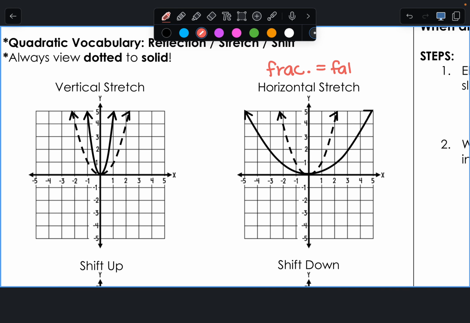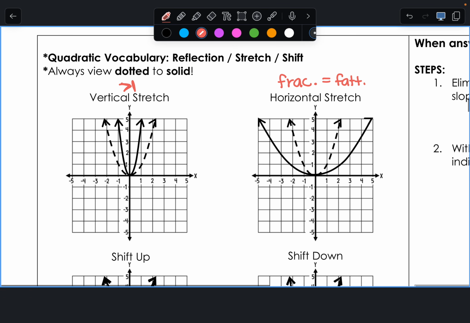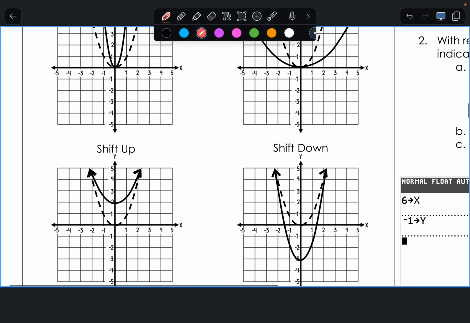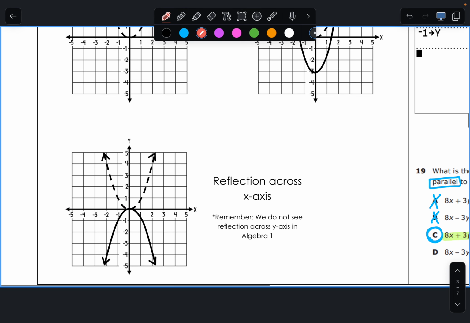Fractions make it fatter. If it's bigger than 1, then you'll have a vertical stretch. Shift up and shift down, that's your plus signs. Reflection happens when the number in front of x squared is negative. So negative x squared, that's what causes a reflection.